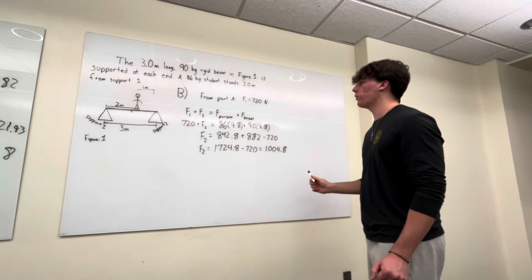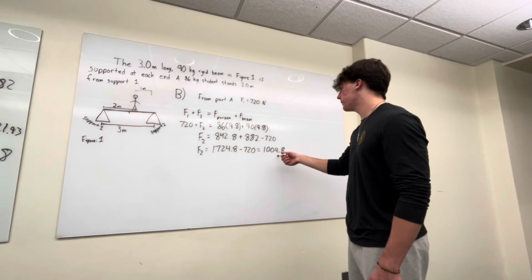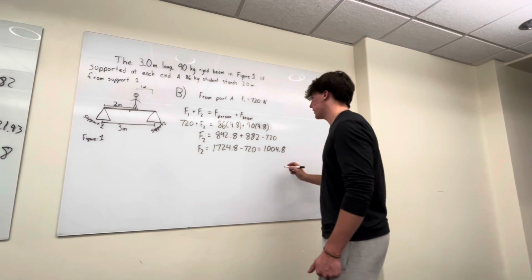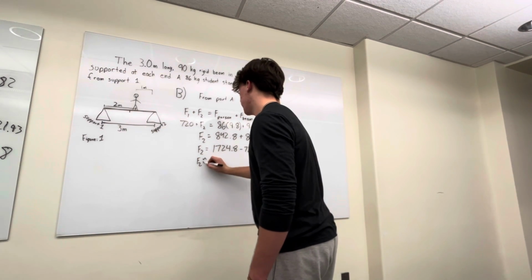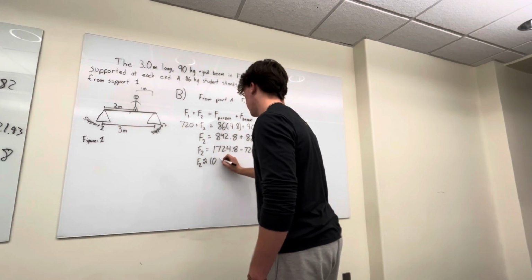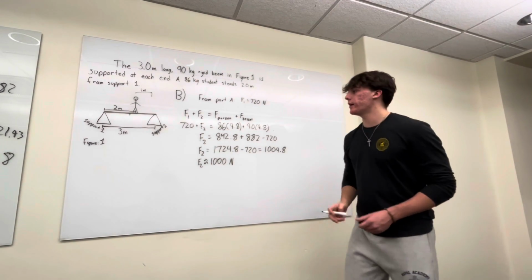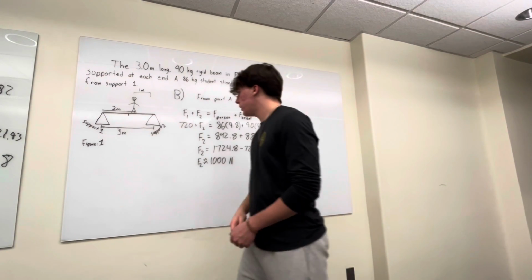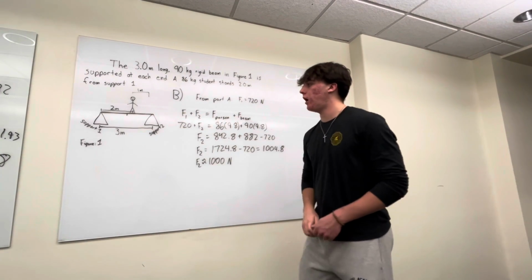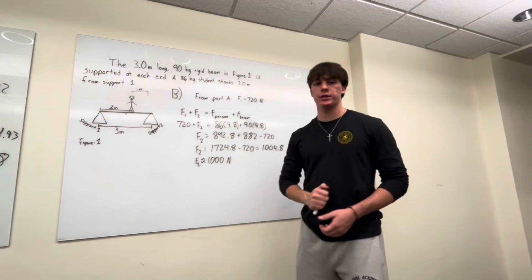And then once again, using significant figures, rounding this, F2 is approximately equal to 1,000 newtons. And there, now we found the forces of support 1 and support 2 using rotational equilibrium, the sum of forces, and the sum of torques.